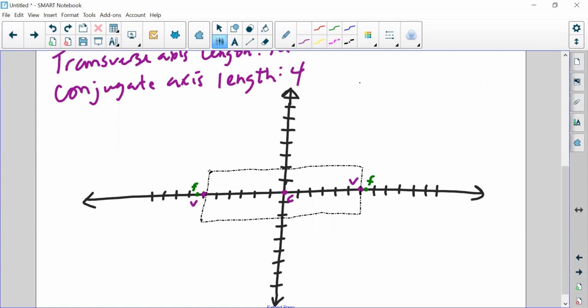Notice I didn't draw the transverse axis or conjugate axis, but you can see the length there of those to get to that. Okay, then you want to draw your asymptotes in. Rulers help.